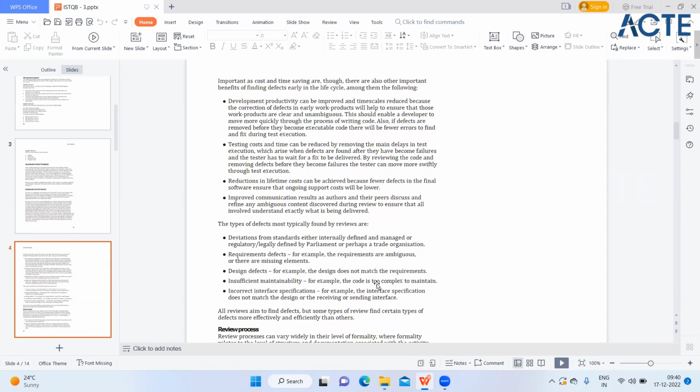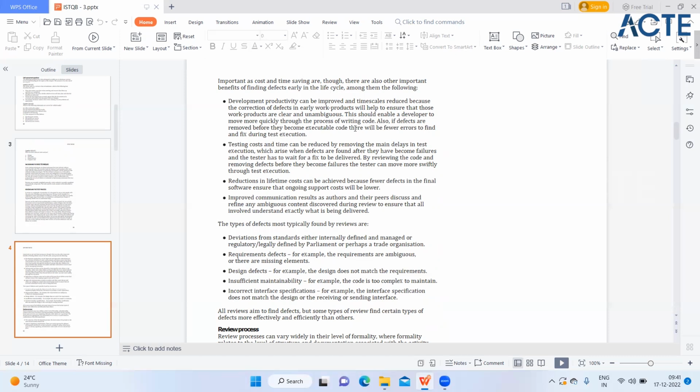The same is shown here. Important as cost and time saving are, there are also other important benefits of finding defects early in the life cycle. Among them, development productivity can be improved and time scales reduced, because the correction of defects in early work products will help ensure that those work products are clear and unambiguous. This should enable a developer to move more quickly through the process of writing code.